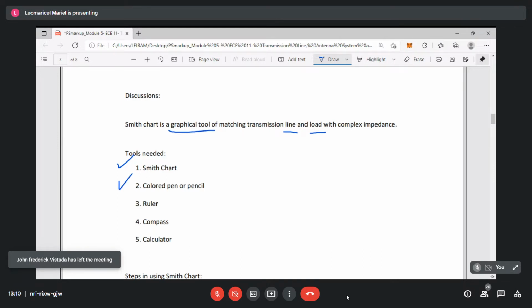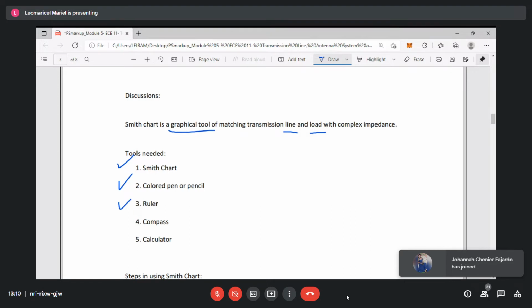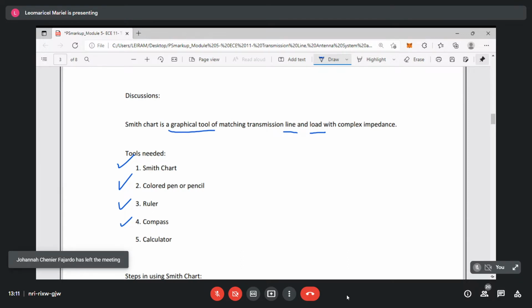You also need a colored pen or pencil to identify the intersection of the curves. A ruler, a straight edge, to connect some of these points and determine the distance. A compass, to create an arc and draw a point where it touches curves in the Smith chart. And a calculator, to verify your calculated values against the graphical values. That is what we will do today, so it is easy.